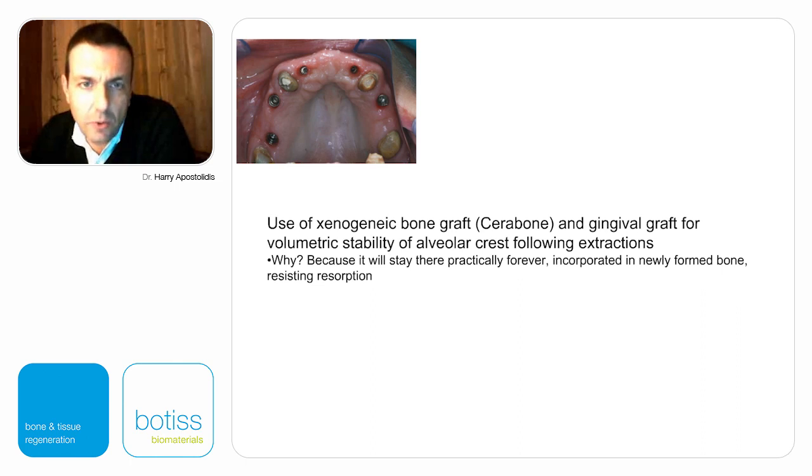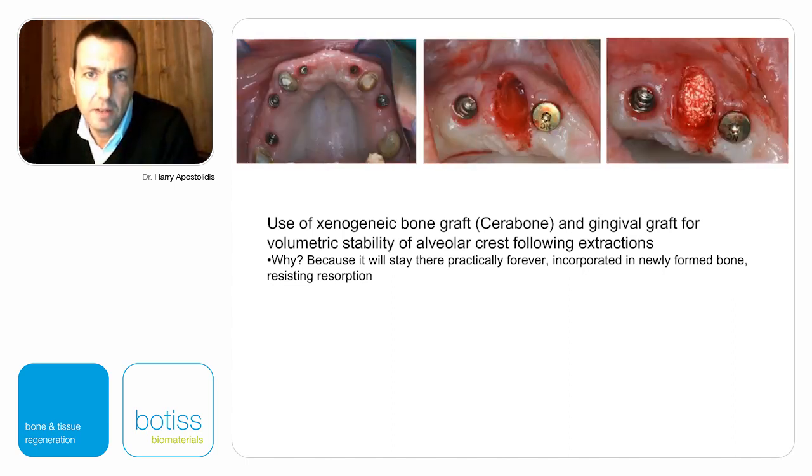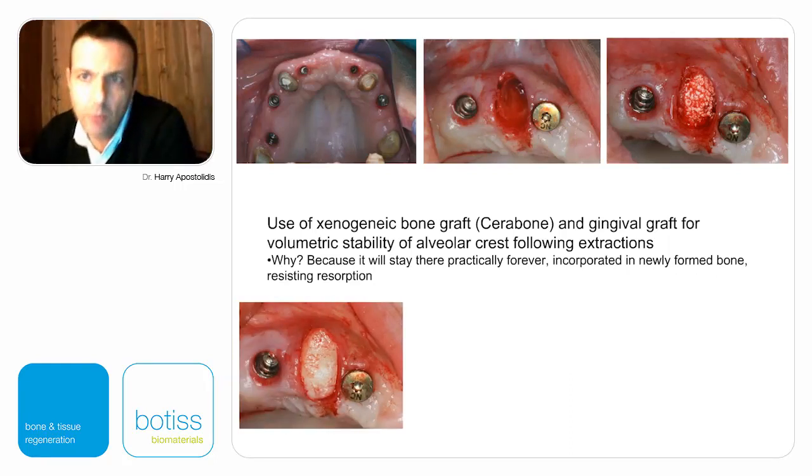So how do I do that? I take out the canines, and then we place in some Sera bone granules that I know will stay there forever. I want something to stay there forever, not something that will resorb away, because if it resorbs away, then this eminence here will resorb away too.